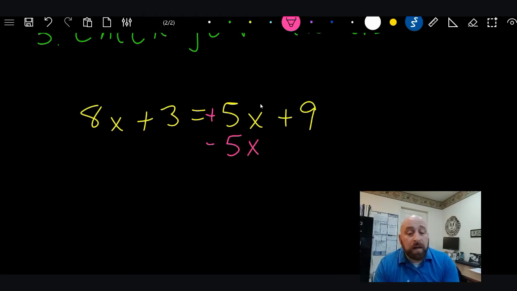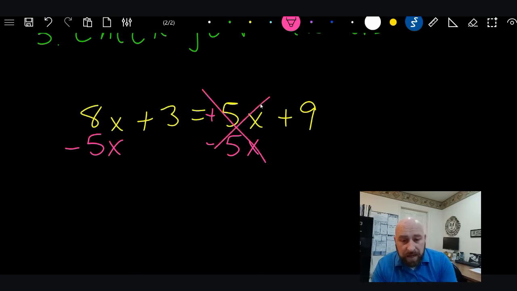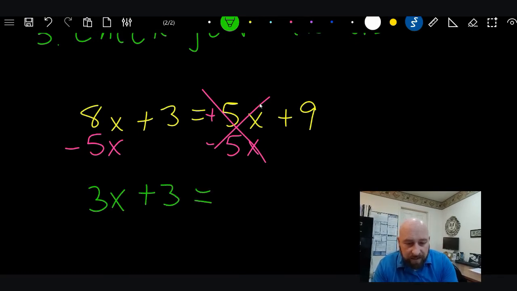Okay, and if we do it to one side, we have to do it to the other side. So we have to take 5x away from that side. What happens here is that cancels, and now we end up with 8 minus 5 is 3x plus 3 equals, that canceled, 9.